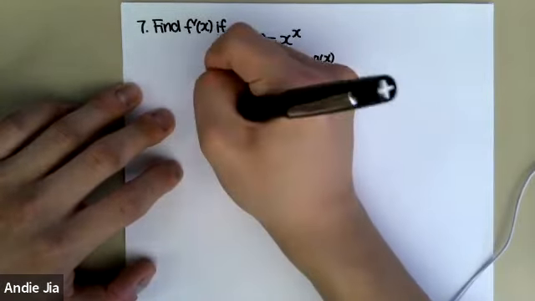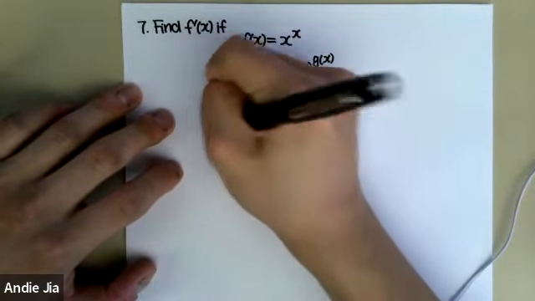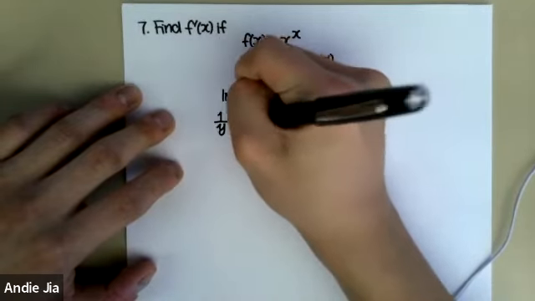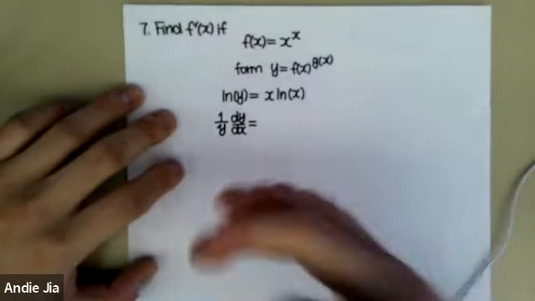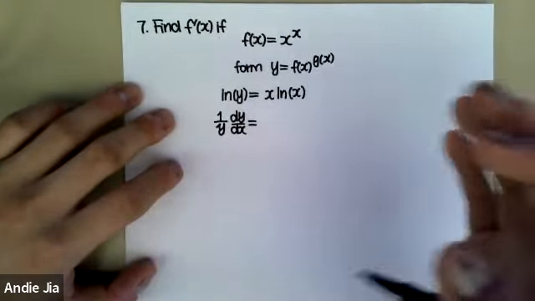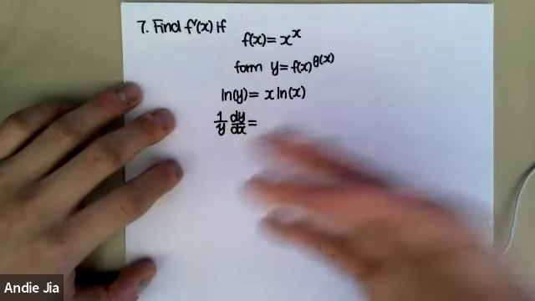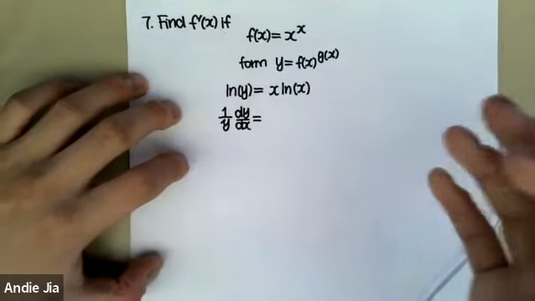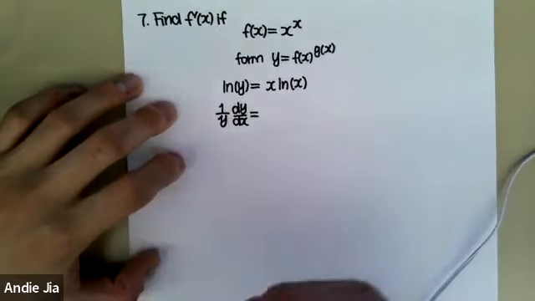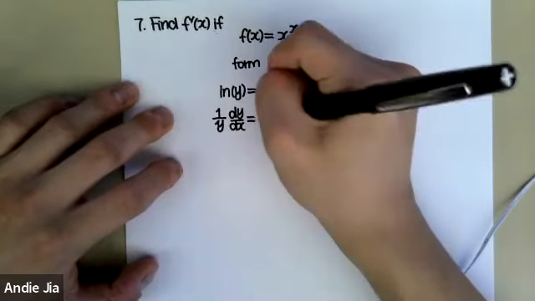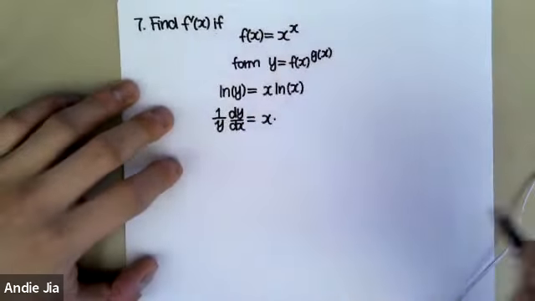So we have 1 over y dy/dx, and now it's the product rule, and you know the derivative of the natural log of x.